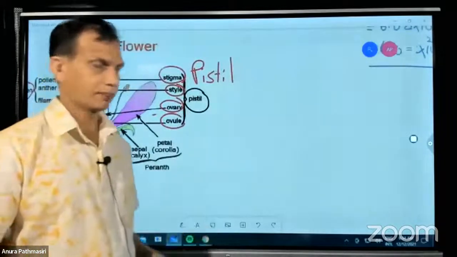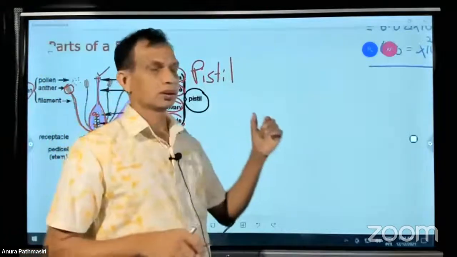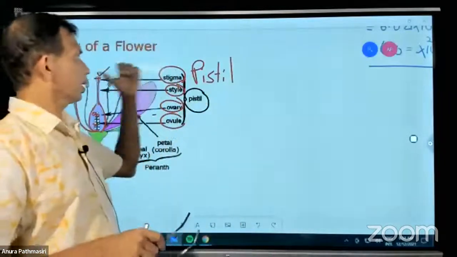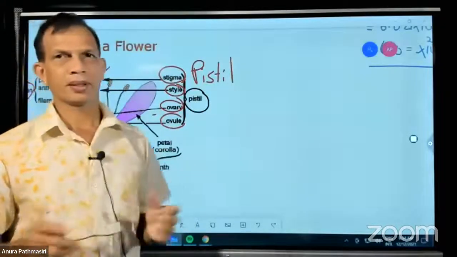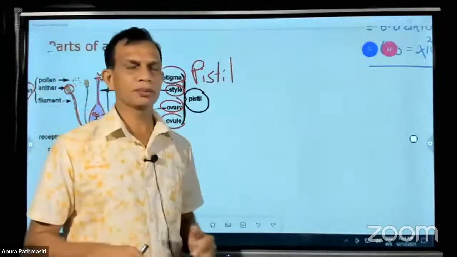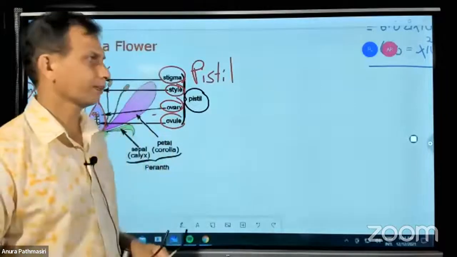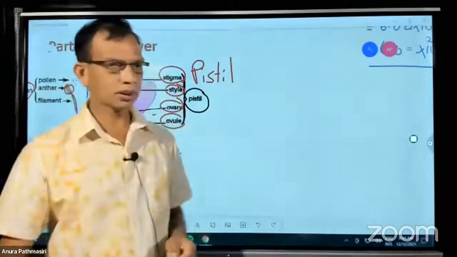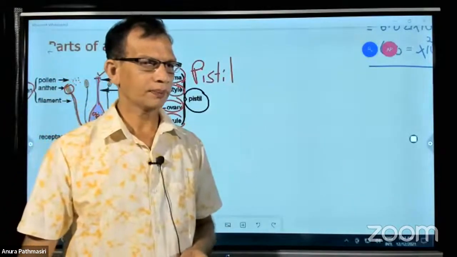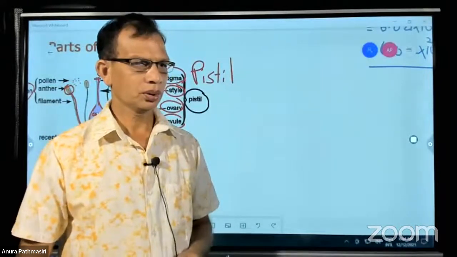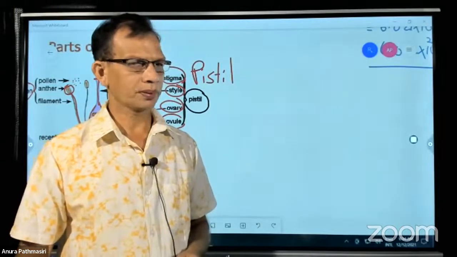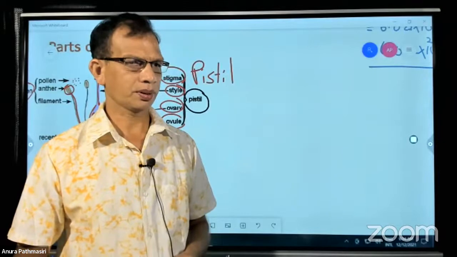So this is gynoecium and that is androecium. The androecium and gynoecium are both in the same flower. But just look here. I'm going to show you this one.